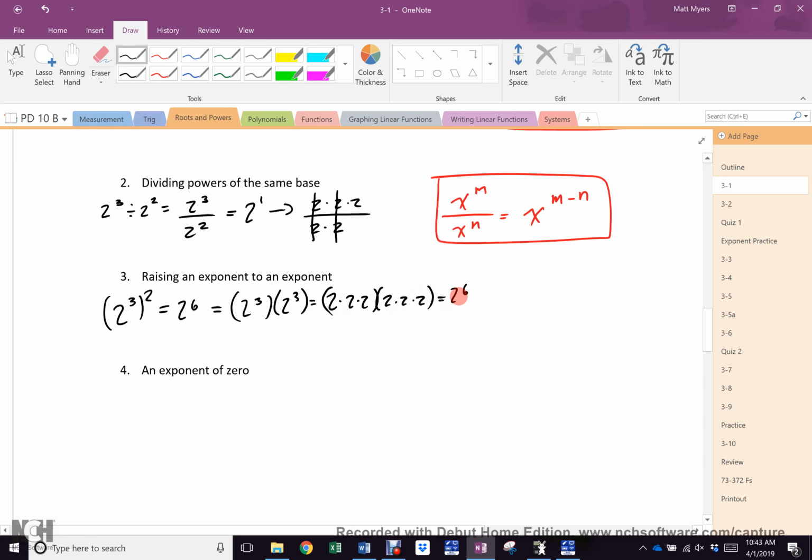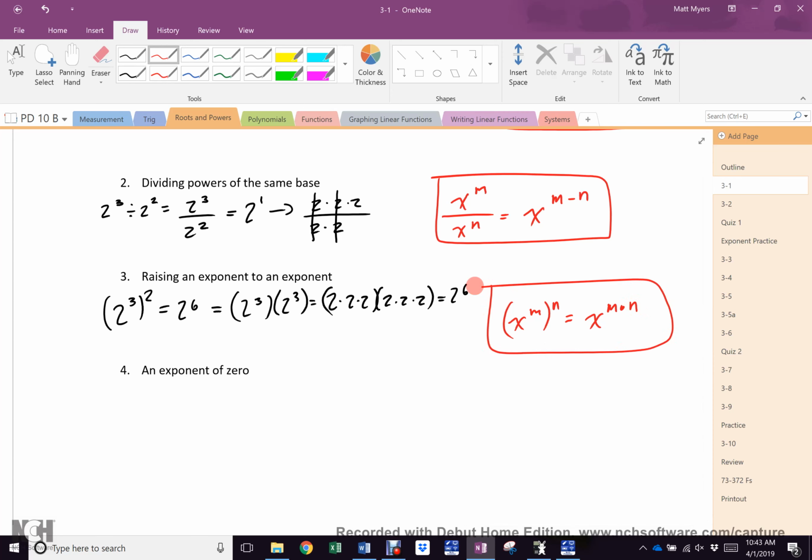Easy peasy, right? X to the m to the n equals x to the m times n. Yeah? Those are the easy ones. They're easy to illustrate. Everybody's cool with them, yes?